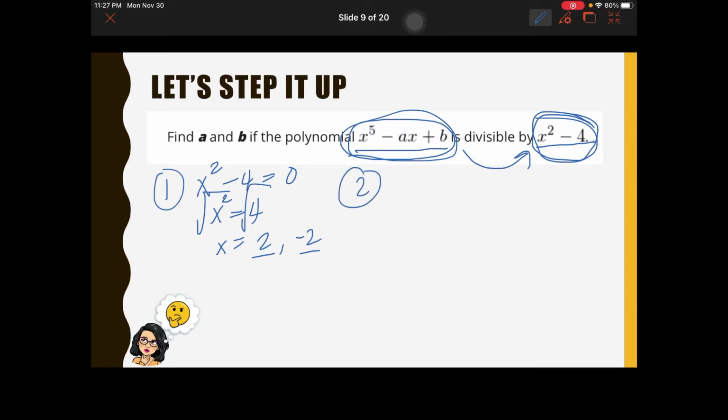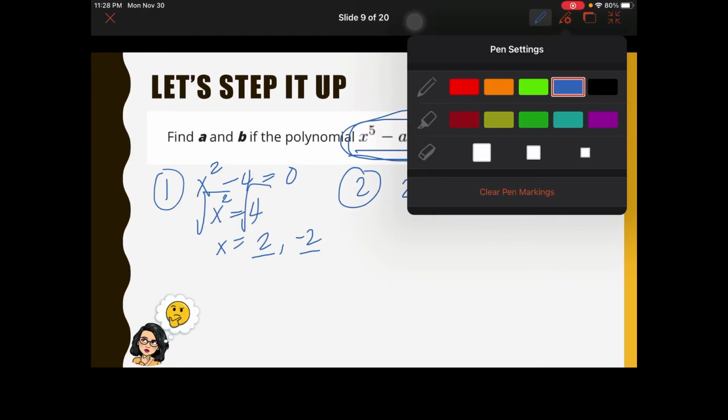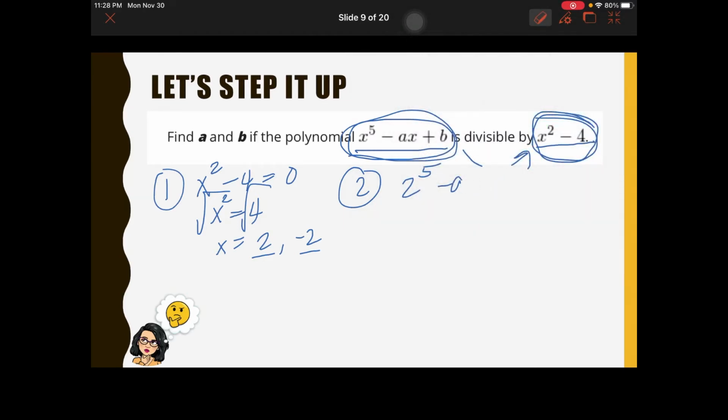So, let's substitute si positive 2 muna: 2 to the fifth minus a times 2, plus b. Remember, please make it equal to 0, according to factor theorem. And then our next equation is negative 2 naman po: negative 2 to the fifth minus a times negative 2 plus b equals 0.